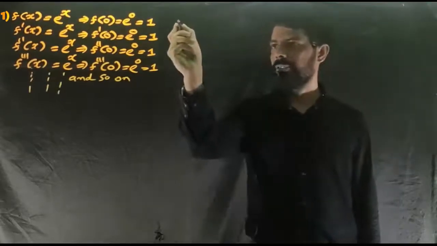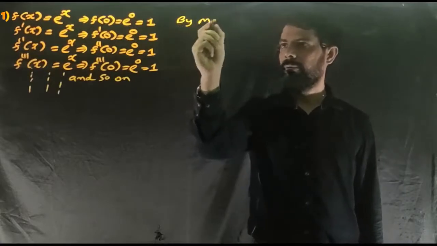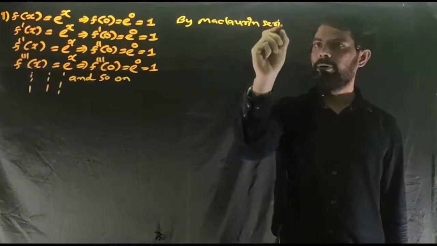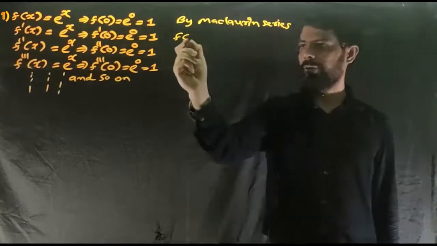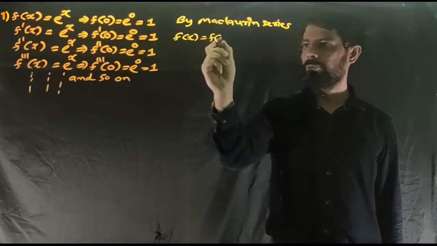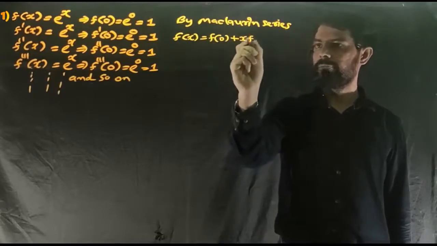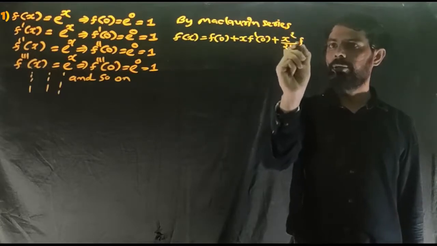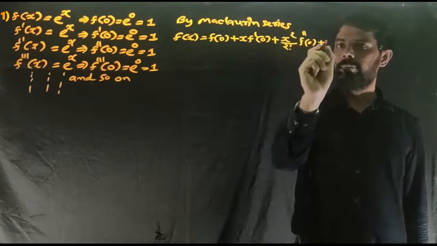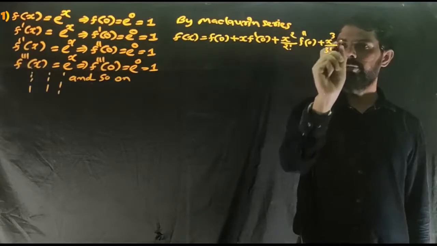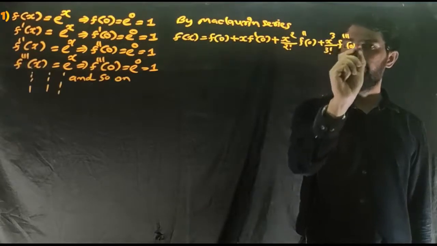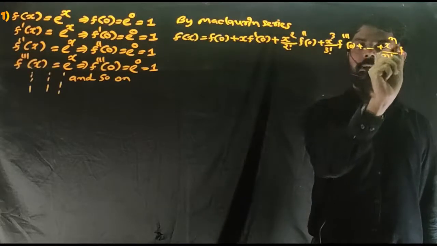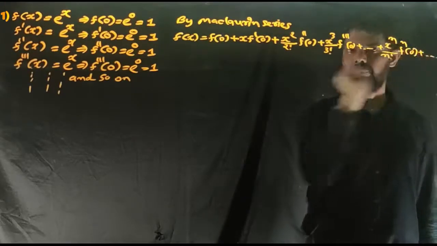Now by Maclaurin series, what is Maclaurin series? It is f of x is equal to f of 0 plus x f dash 0 plus x square by 2 factorial f double dash 0 plus x cube by 3 factorial f triple dash 0 plus so on, plus nth term is x raised to n by n factorial fn 0 plus so on.